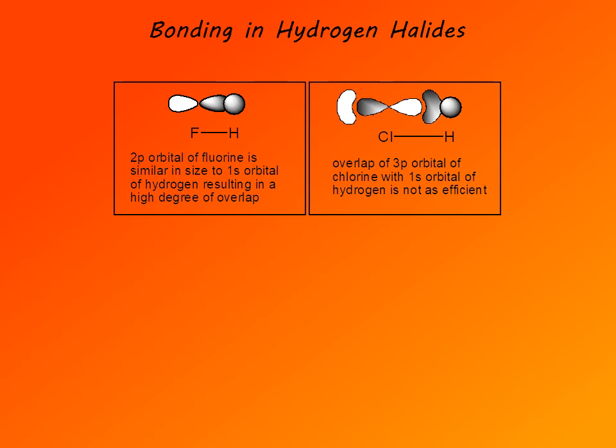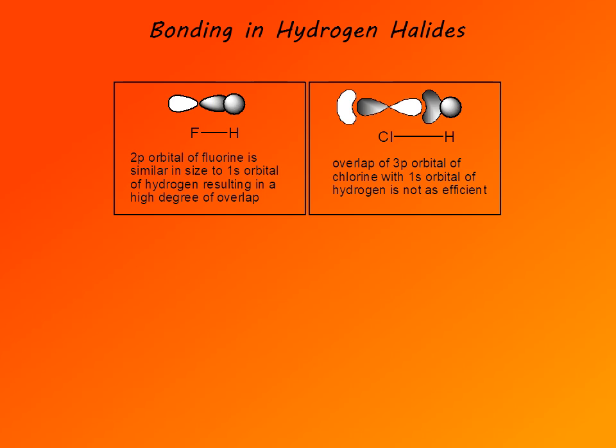So the observed trend in length and strength of hydrogen-halogen bonds is explained by properties of atomic orbitals that overlap to form molecular bonds. So length and strength of hydrogen-halogen bond or any other bond depends on the efficiency of the overlap of the corresponding atomic orbitals that form that bond.